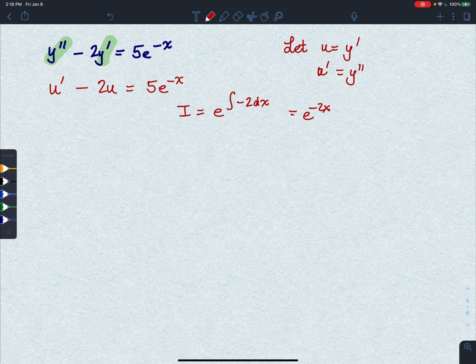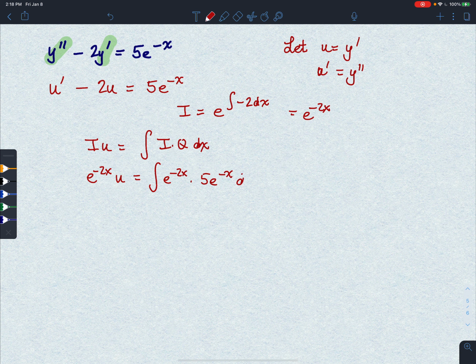So this means that I times u is equal to the integral of I times q, and x is the independent variable. So we have e to the negative 2x times u is equal to the integral of e to the negative 2x times the original function on the right-hand side, which is 5e to the negative x.